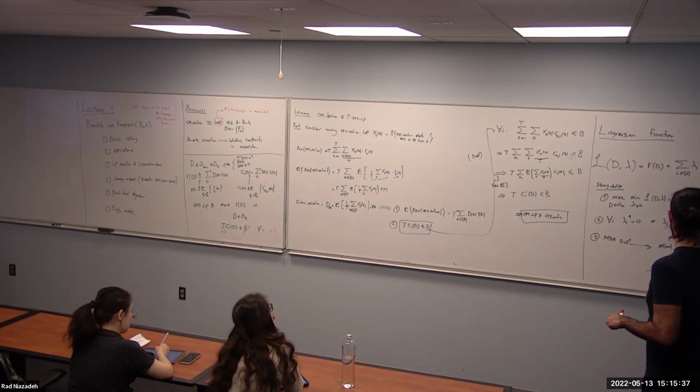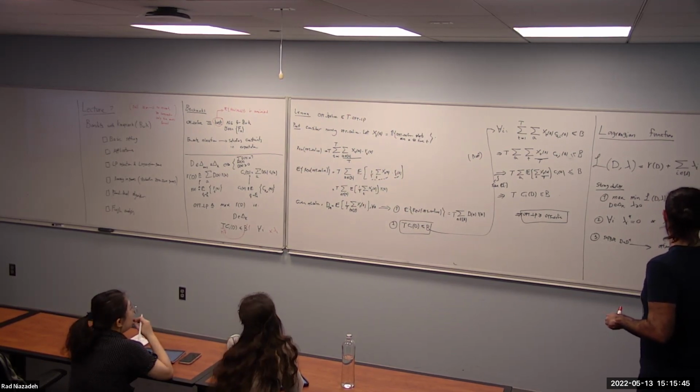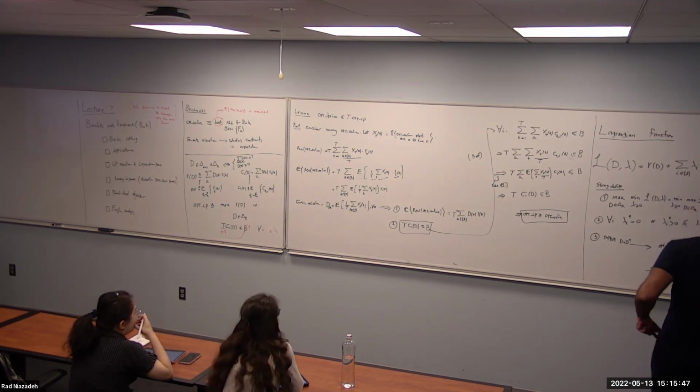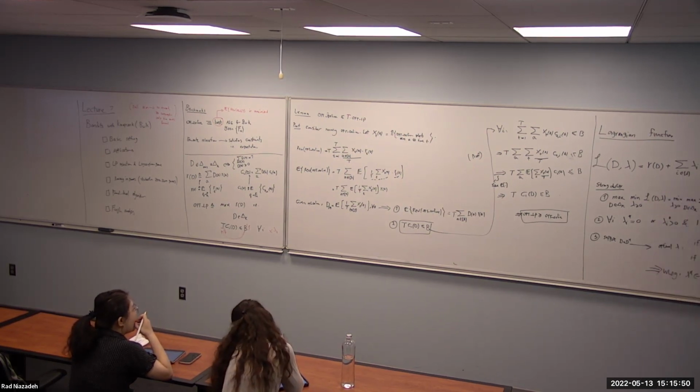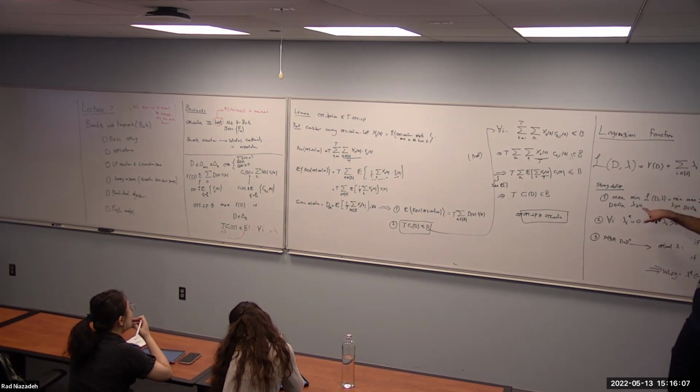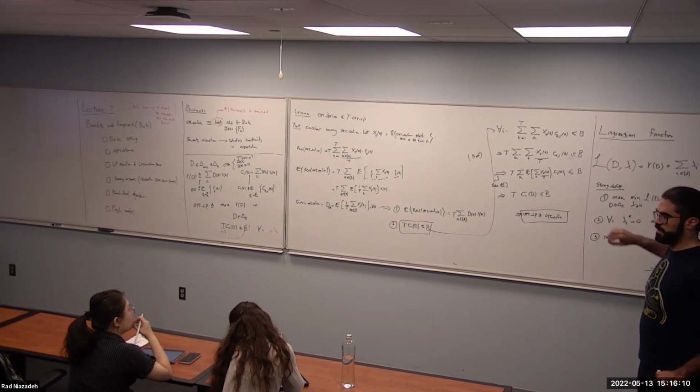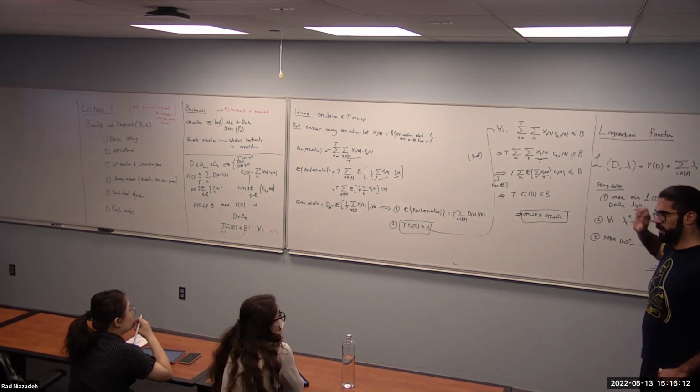I guess what I'm saying is that I can add this constraint to the min-max, and it doesn't change the value of the game. It also doesn't change the d star, but that doesn't mean that if you remove this constraint and look at the pair d star, lambda star that is optimal, the same pair is going to be optimal here as well, because it might be the case that the lambda you started with had summation of lambda not equal to 1.